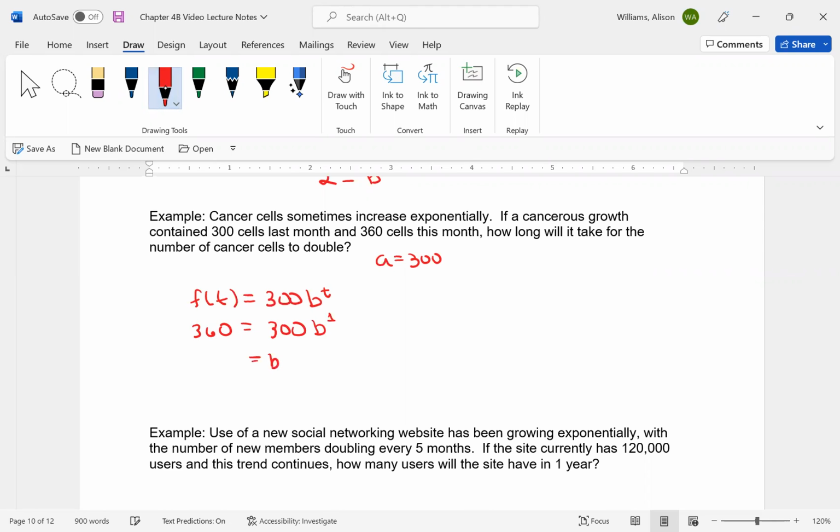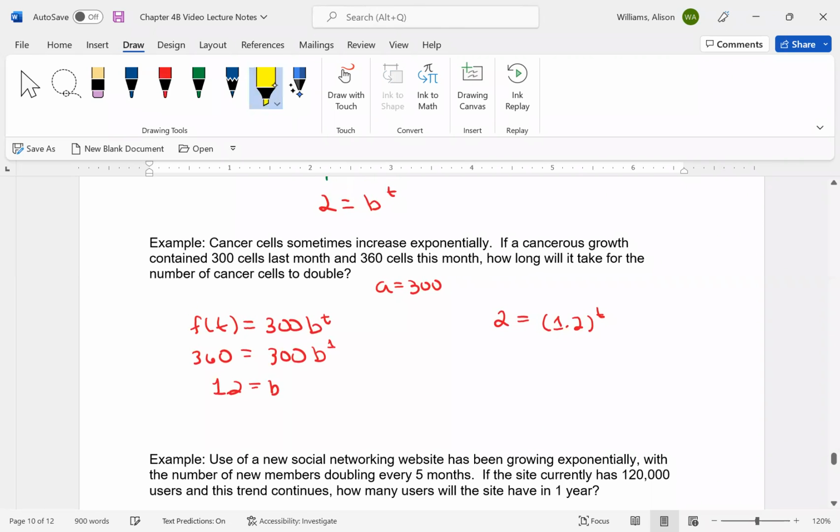So B is 360 divided by 300, which I get 1.2. So there's B. So how long is it going to take to double? So if that's B, to double, just referring to what we wrote above, 2 equals B to the T. That's doubling time. How long does it take 1.2 to the T to equal 2?